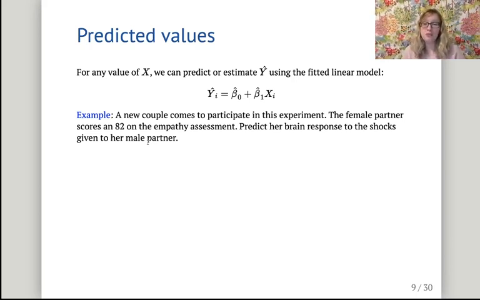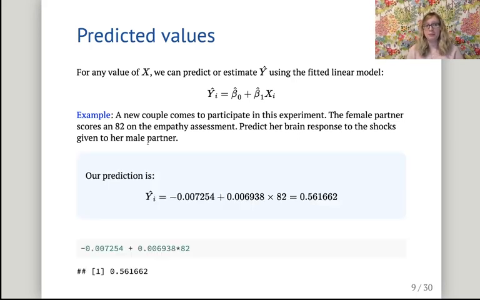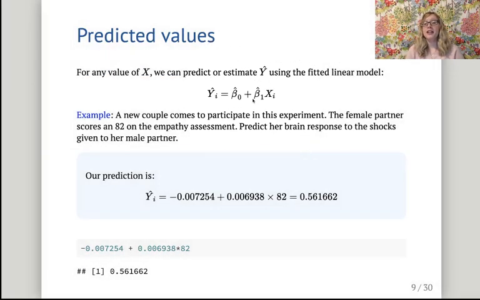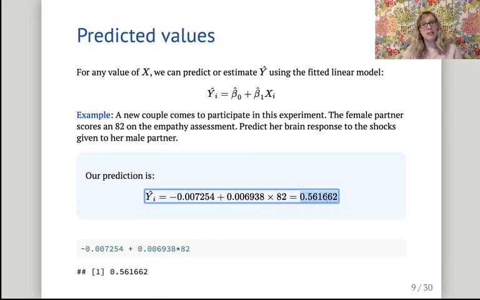We'd like to predict her brain response to the shocks that will be given to her male partner. So to get our prediction, we'll take that 82 and plug it into our linear model for x. So calculating that out, we get a prediction of about 0.56. In other words, we think she'll feel about 56% of the pain that she actually felt when experiencing these shocks herself.